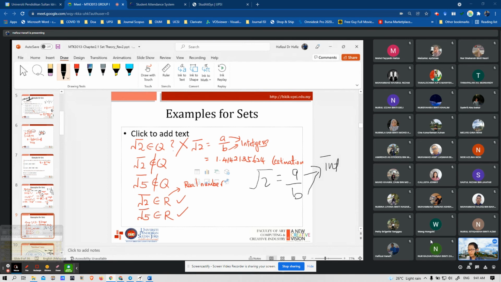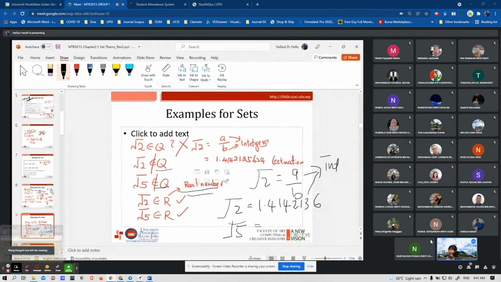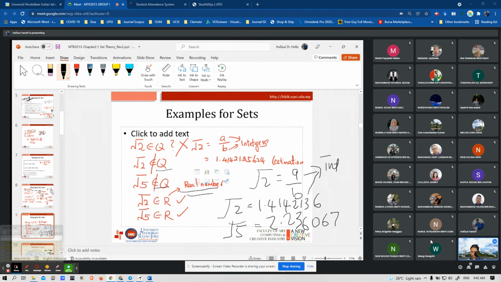It is not a rational number, it is a real number, because the square root of 2 is equal to 1.4142136, and the square root of 5 is equivalent to 2.2360679. So it is a real number.